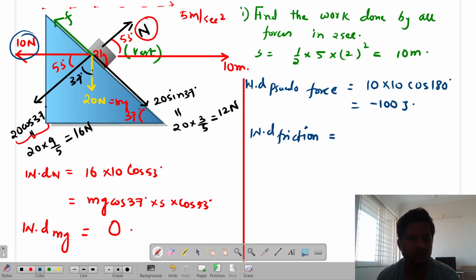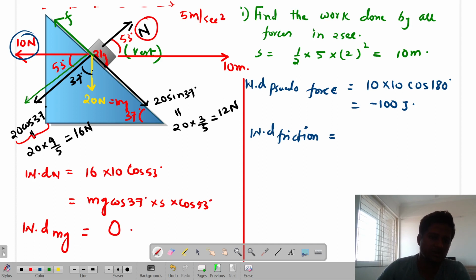One minute, there is a pseudo force also over here now. I didn't resolve the component of pseudo force. This is 10 newton, no? So due to 10, this will be 10 cos 53 degree over here, and along this direction the component of 10 will be 10 sin 53.